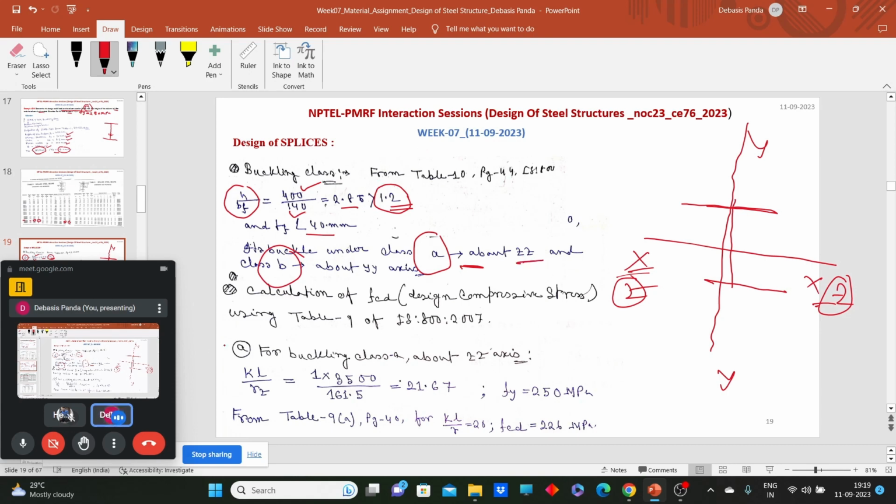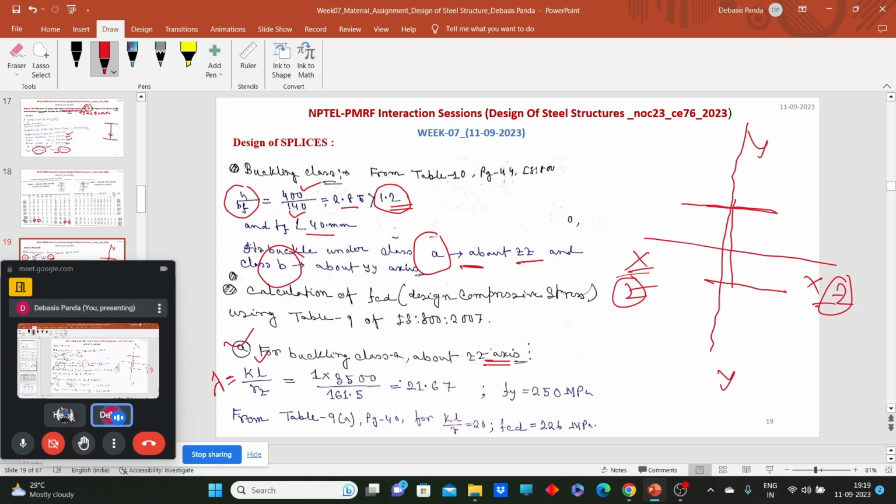For buckling class A, the first thing we need to find is the lambda value. Lambda is nothing but the effective length KL by RZ, because we are talking about the ZZ axis. That's why we need to consider the radius of gyration about this axis.